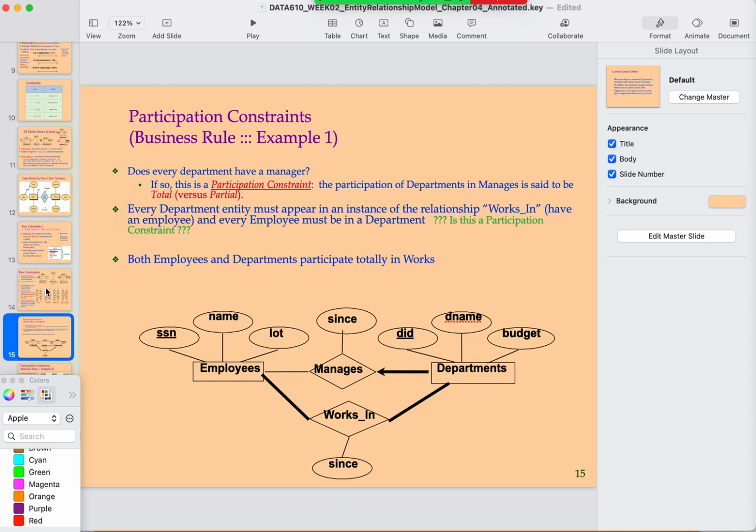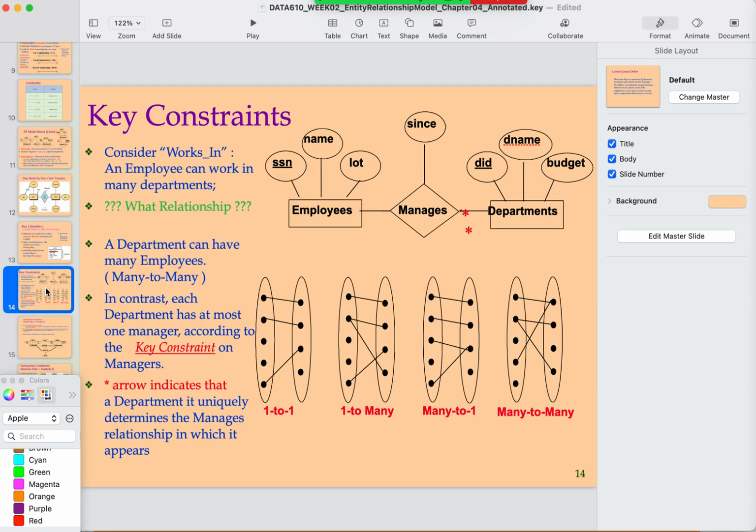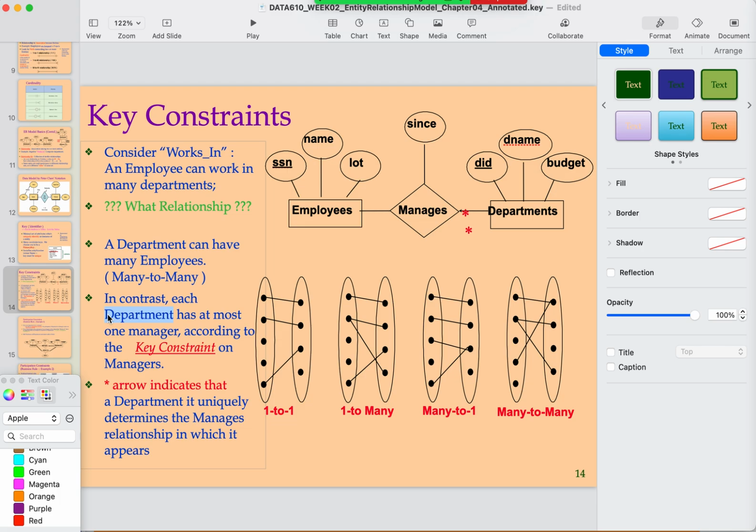So in order to place a constraint, in terms of the integrity constraint that we talked about, we need to define what are the entities, what are the relationships, and if they're one-to-one or one-to-many. So for example, each department has at most one manager. That's a constraint.